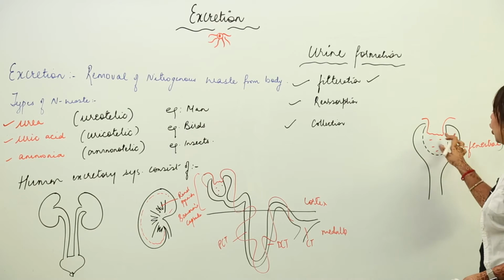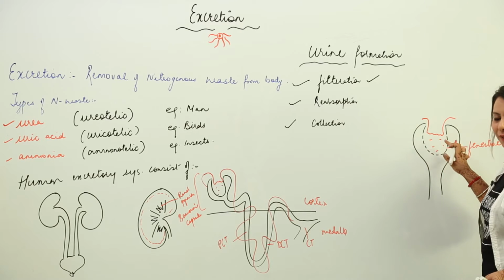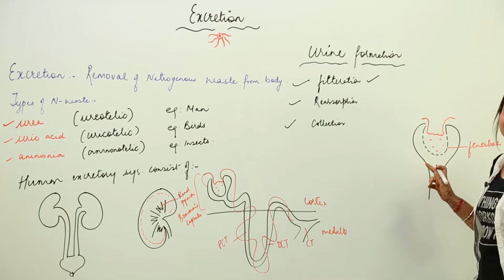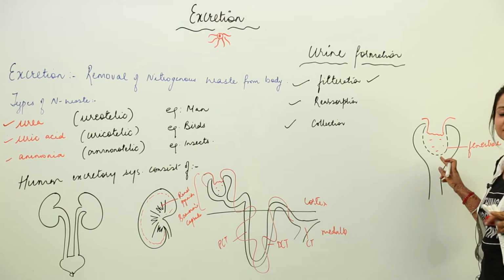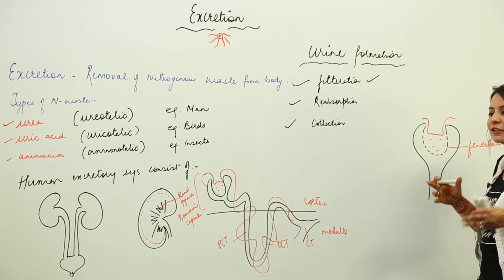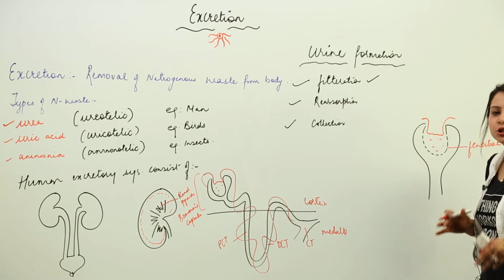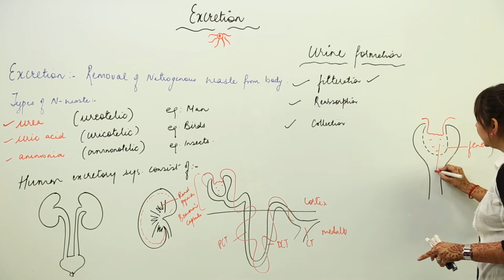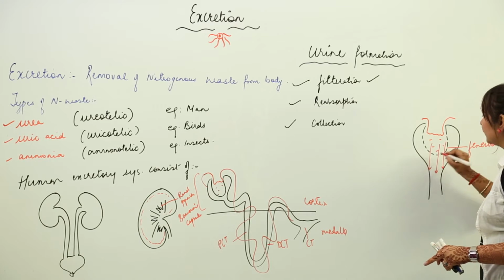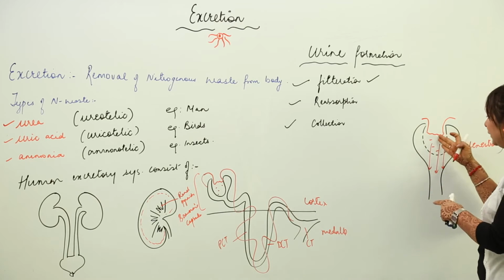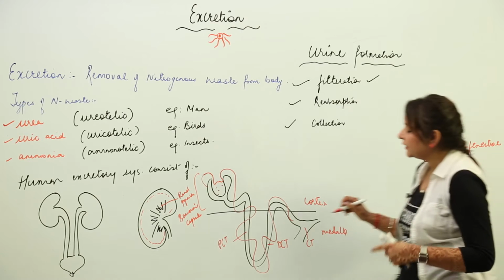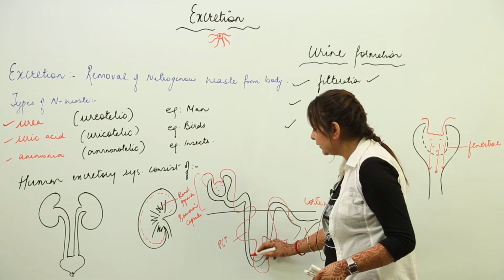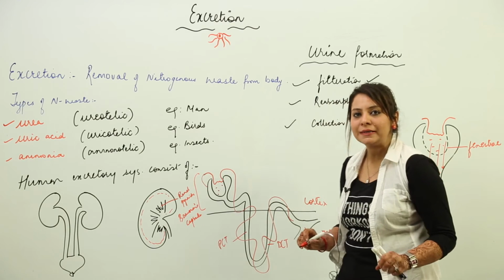In filtration, all the substances flowing in the blood, whether useful or non-useful, including the hormones, enzymes, everything, even the waste, just diffuse from the blood into the Bowman capsule, and are carried from the Bowman capsule through the PCT and reach the loop of Henle. So this is filtration.